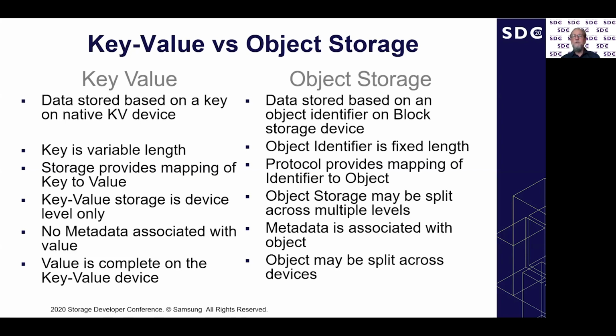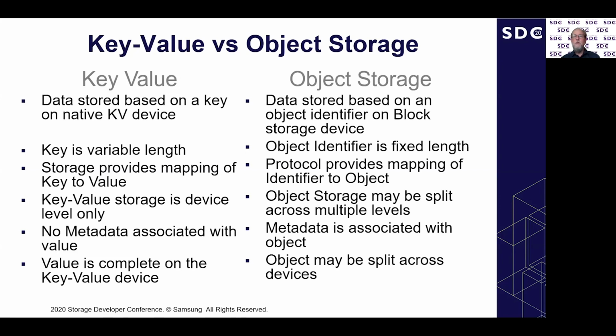And that protocol is typically done on the host system, some layer above the physical storage media. In key value storage, it is device level only in its implementation that we're describing here. There may be other implementations where it is at a higher level. But for what we're talking about here, it is device level only.